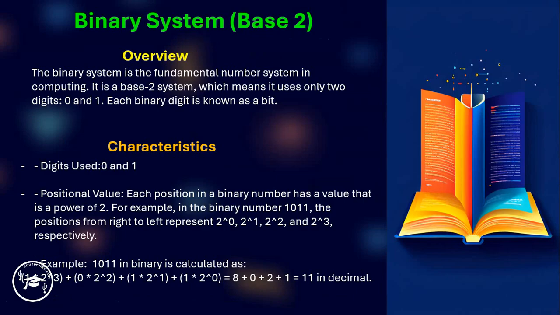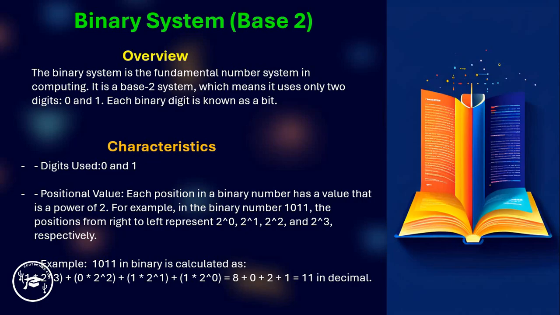The binary system is the fundamental number system in computing. This is where it gets a little bit complicated, so let's pay attention here. From the decimal system, we look at base 2. The base 2, which is the binary, is what is normally used in computing.